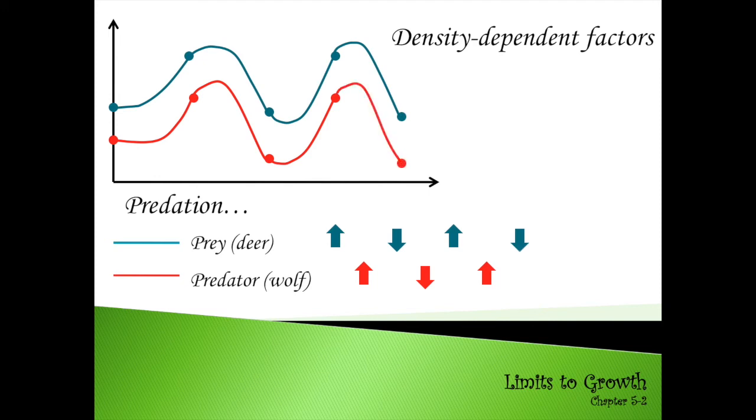And this is something that ecological scientists see constantly in ecosystems, this fluctuation back and forth of predator and prey and how they affect one another, how too many predators can cause a prey population to drop, but as the prey population drops, everything starts to rebound, or as the predator population drops, the prey rebound, and the predators follow suit.